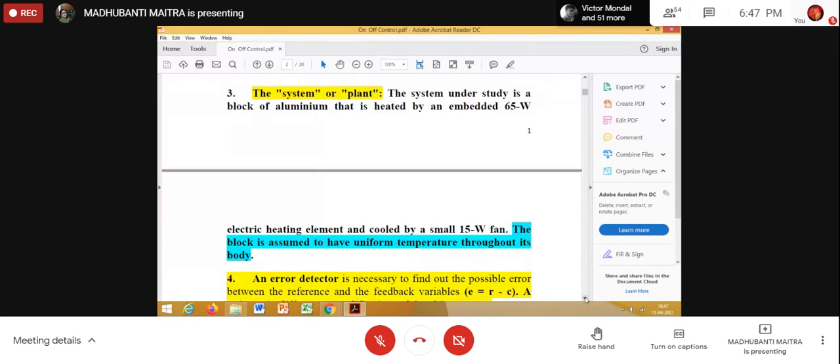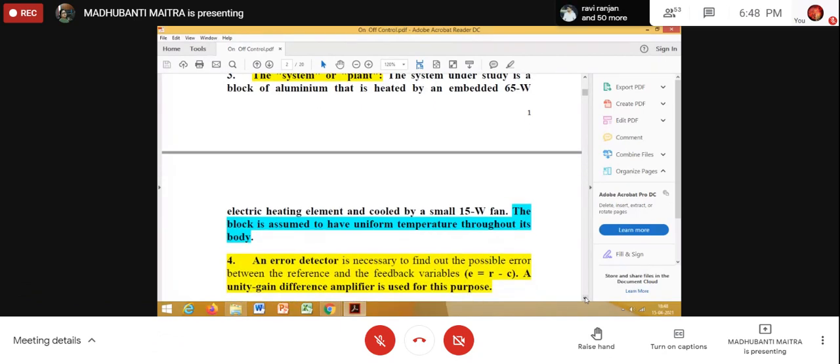In that case also, the controlled system should be able to raise the temperature of the plant and maintain it as dictated by the reference input, within a certain error. What is the meaning of that?